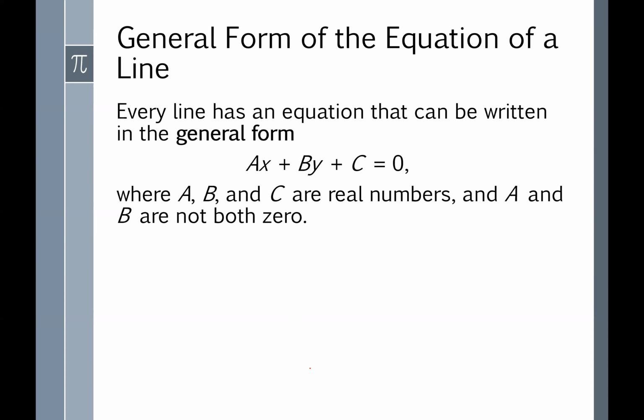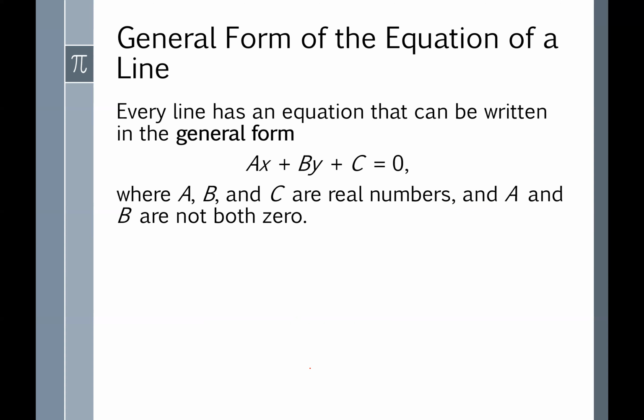And that's general form for all equations. So if you have 0 on one side and everything else on the other, then you are in general form. And general form is probably the least useful of all the forms of a line.